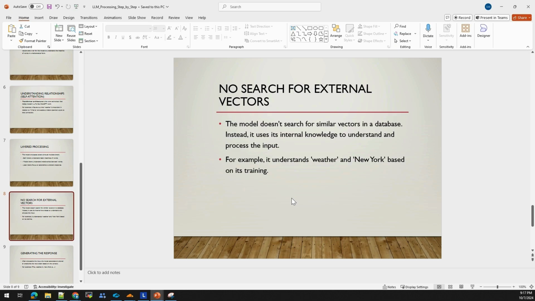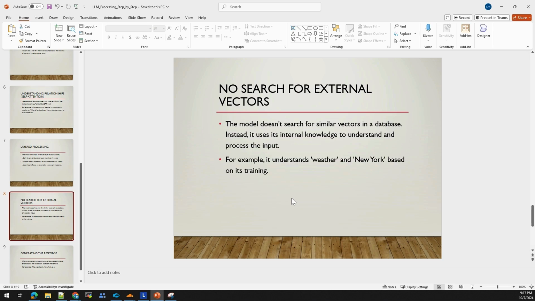The other part is that the model doesn't search for vectors in its databases. It actually uses its internal knowledge to understand and process the data. This is where training comes into the picture.